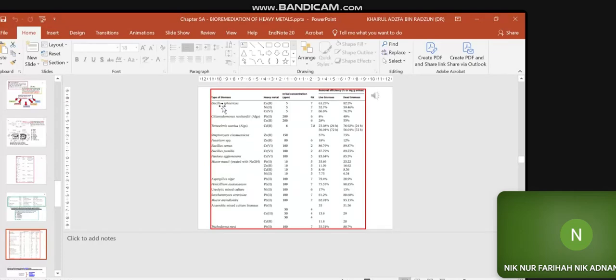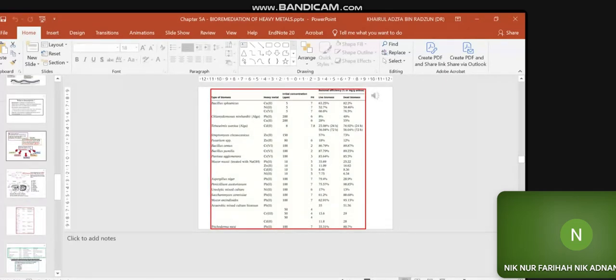While the dead biomass of this Bacillus sphaericus, for instance, the dead biomass I mentioned just now is exudates here, the outer exudates, or if you can see back the slide just now, you can refer later. So the dead biomass is about 82.2%, so much higher than the living biomass. And normally it's like that. Dead biomass will be more absorptive in comparison to the live biomass.